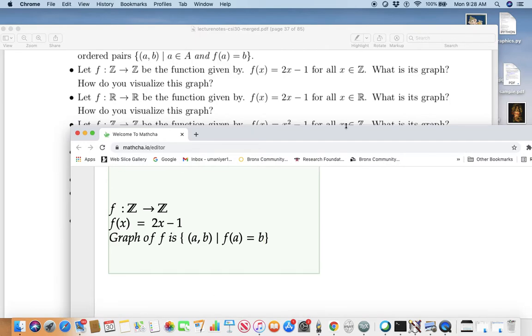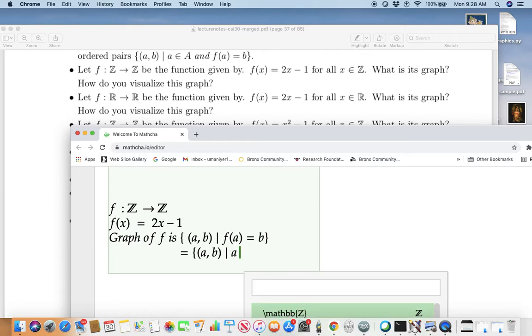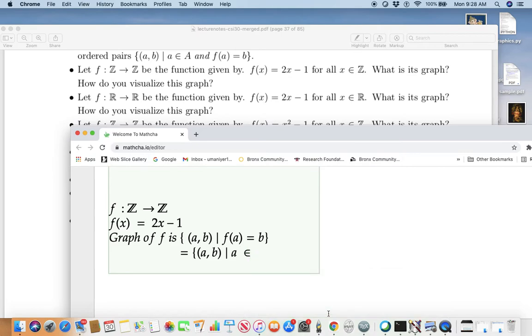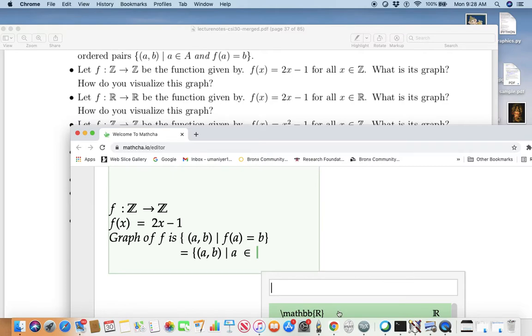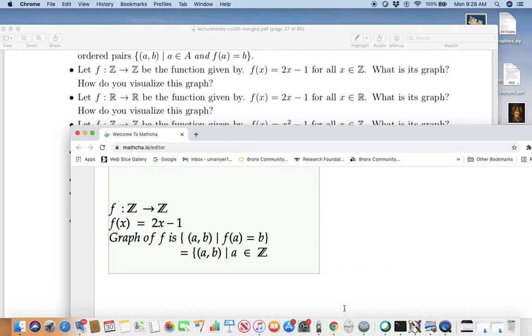That's the graph definition. So this is equal to the set of (a, b) such that, let's look at where a comes from. a comes from integers, and b is f of a. f of a is 2a minus 1, which is b.